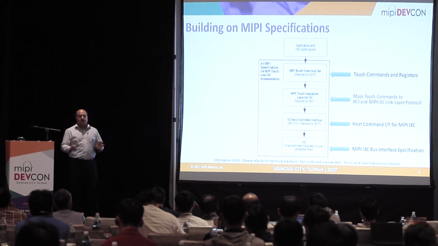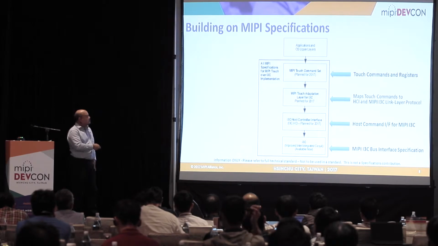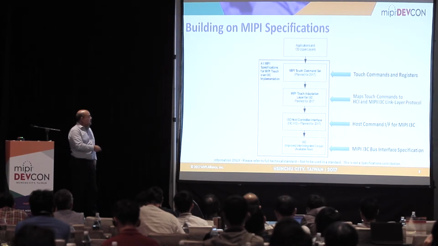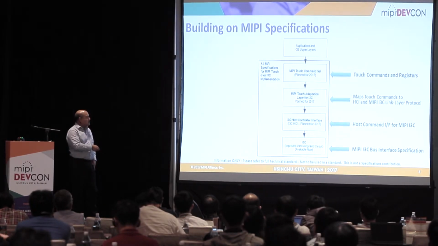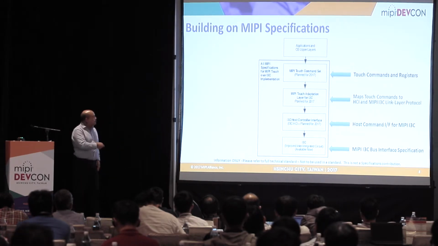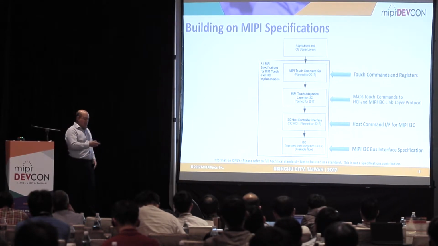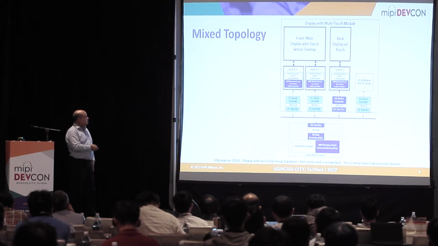It is theoretically possible. The adaptation layer works with the I3C host interface, which is being discussed. And finally, at the bottom of everything is the I3C MIPI protocol. So 4 different command specifications are integrated together to give you a full command touch protocol.